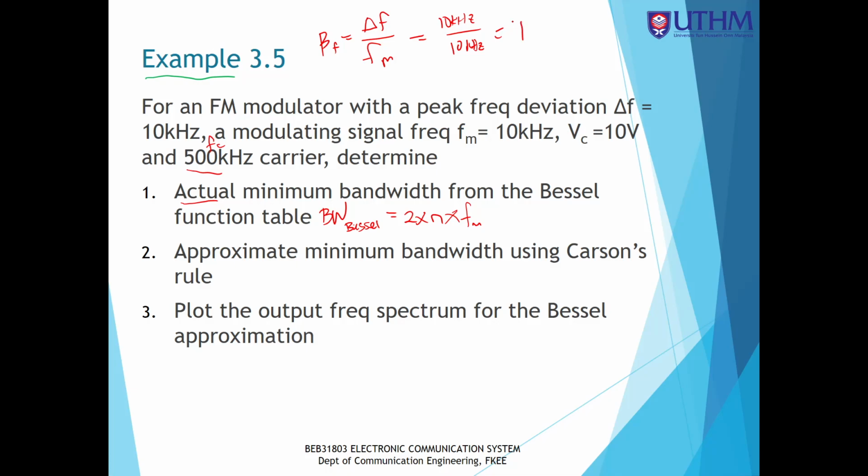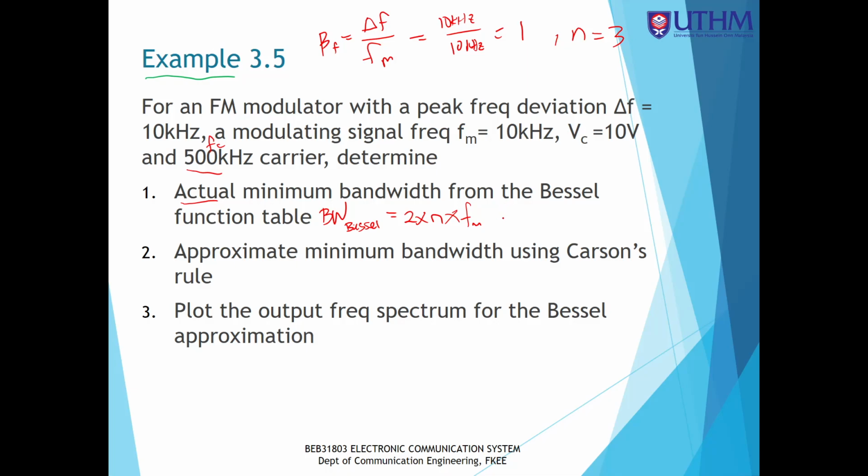So this is equal to 1. Therefore we can find n based on the table. According to the Bessel table, for beta F equal to 1, n will be equal to 3.